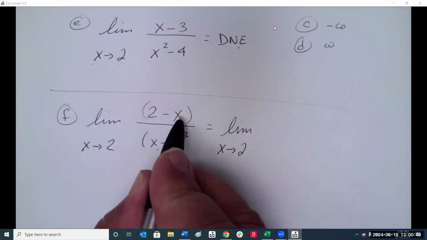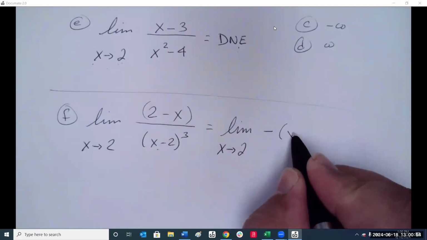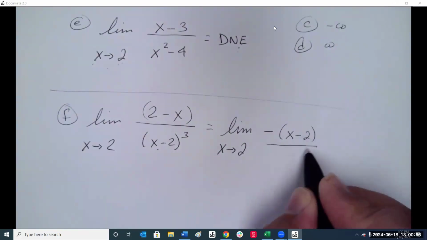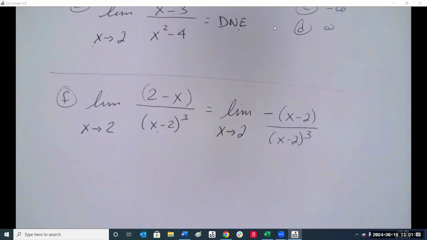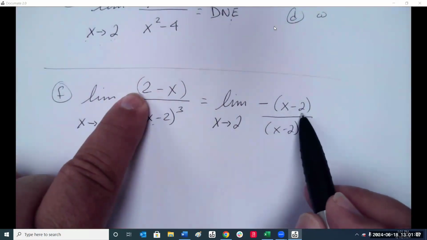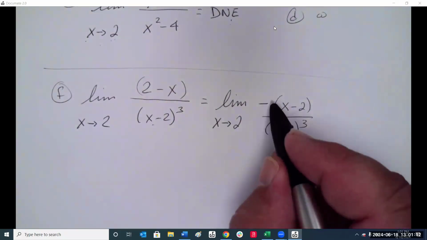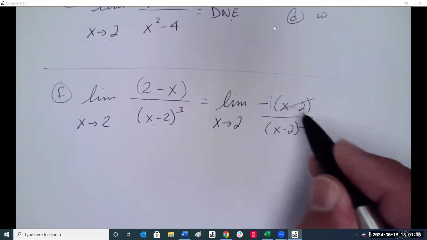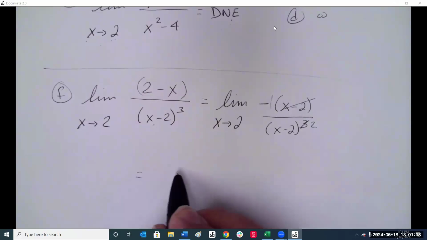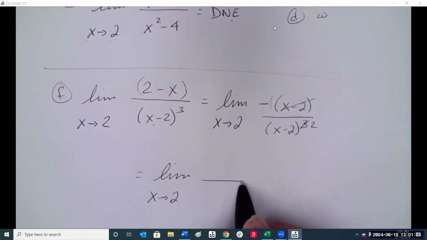If we factor out a negative here, then it's going to be x minus 2, because x now becomes positive, 2 becomes negative. Now we can cancel one of these out. So we have the limit as x approaches 2 of -1 over x minus 2 squared.